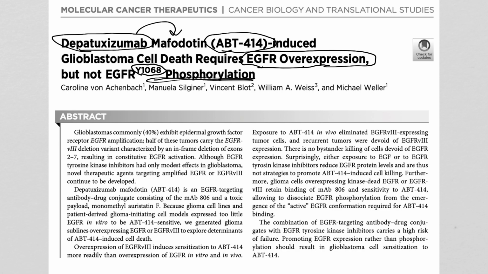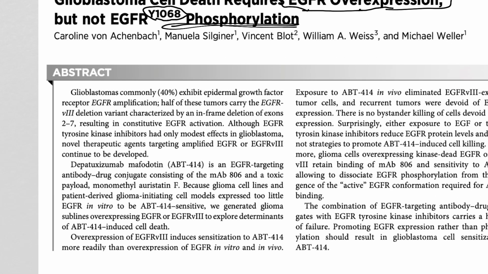All right, so our goal here: test this out on glioblastoma cell lines. And so these terms, MAB 806, that is the rather boring name for the actual antibody itself. This monomethyl auristatin F is the payload that's inhibiting microtubule mitotic spindle formation.